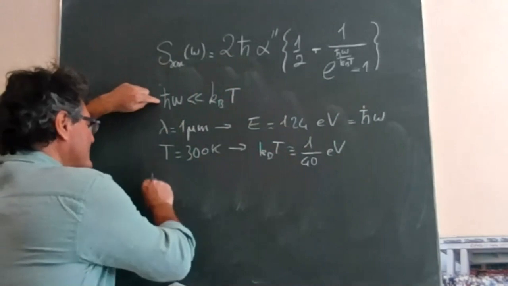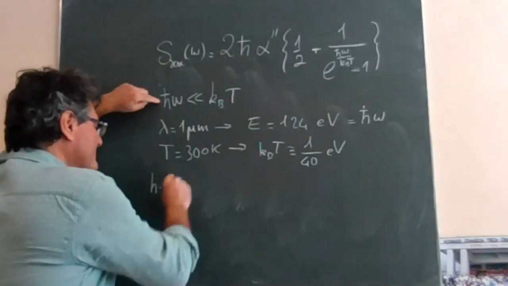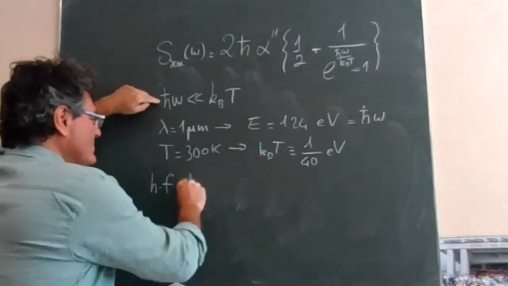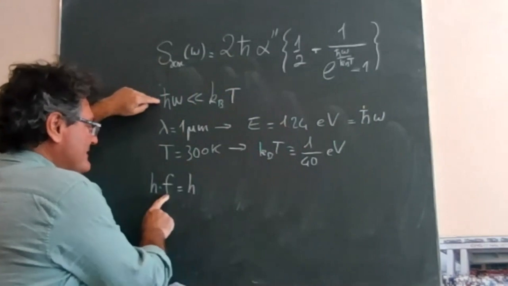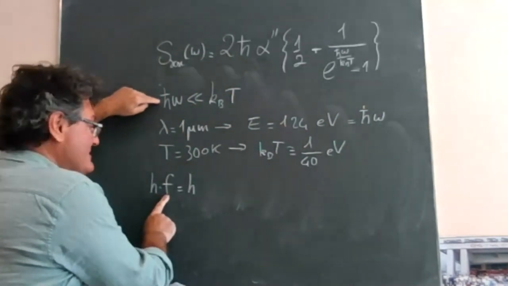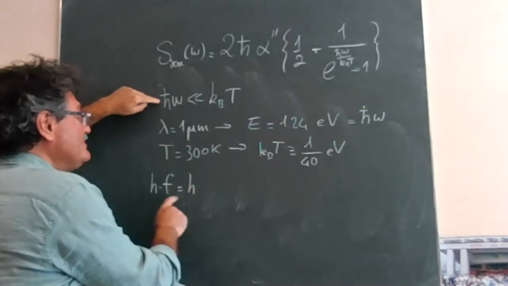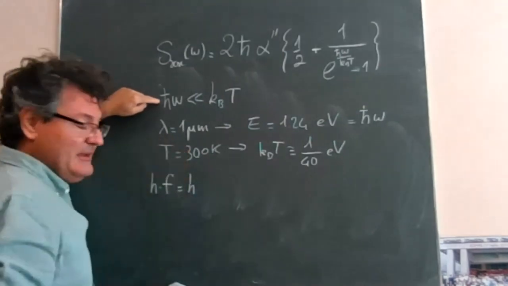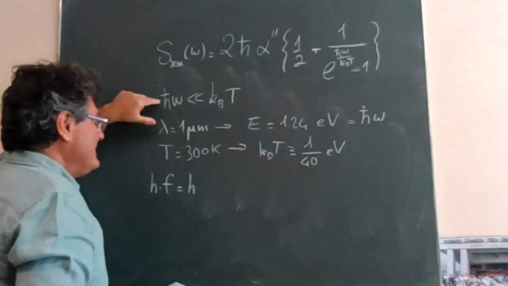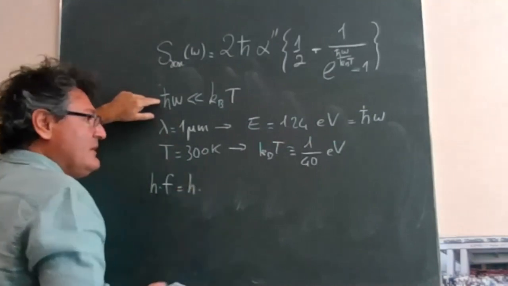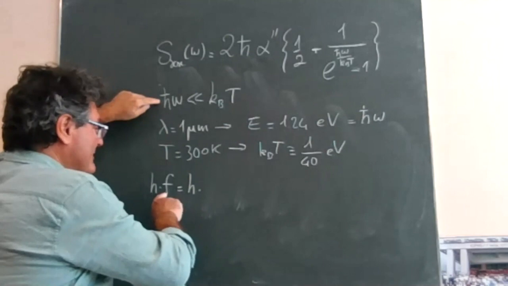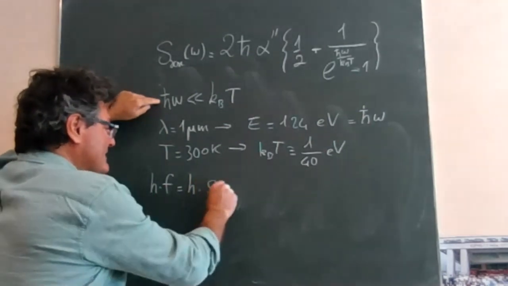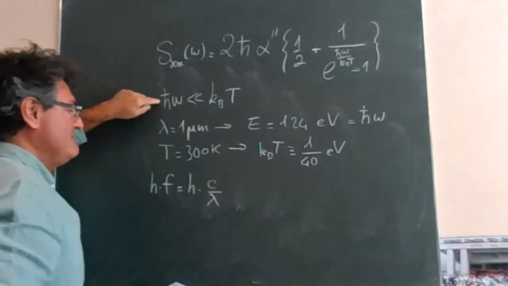So h bar omega is h times f, where f is the frequency. Let's convert in lambda: f is c divided by lambda.